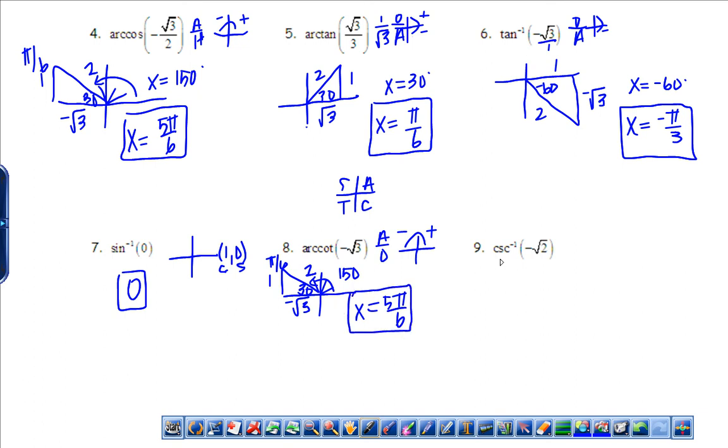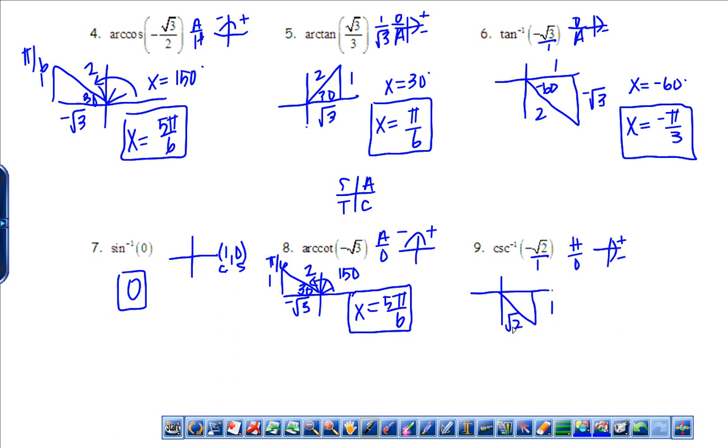Okay, for cosecant, remember cosecant is hypotenuse over opposite, and this would be over 1. So cosecant is on the side because it's the reciprocal of sine. This is positive and this is negative. So we need to build it in the fourth quadrant. So hypotenuse and opposite.